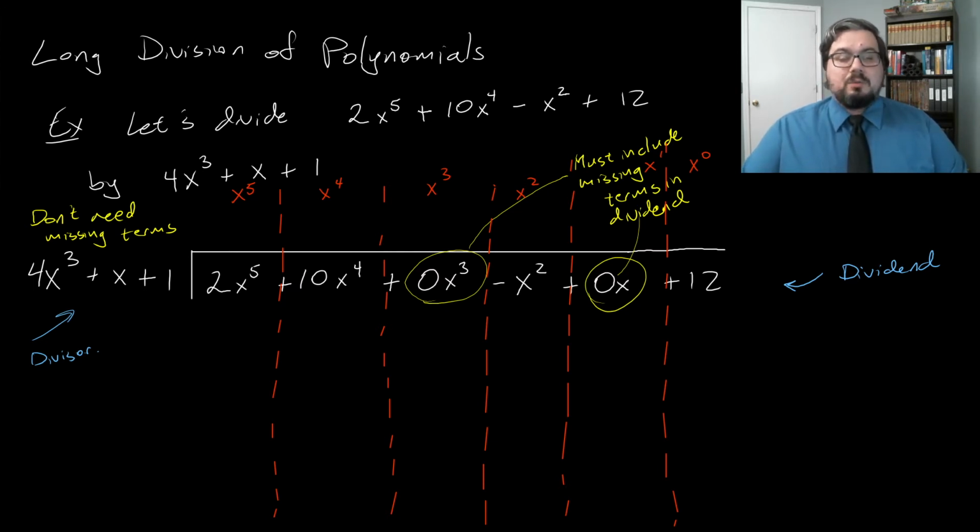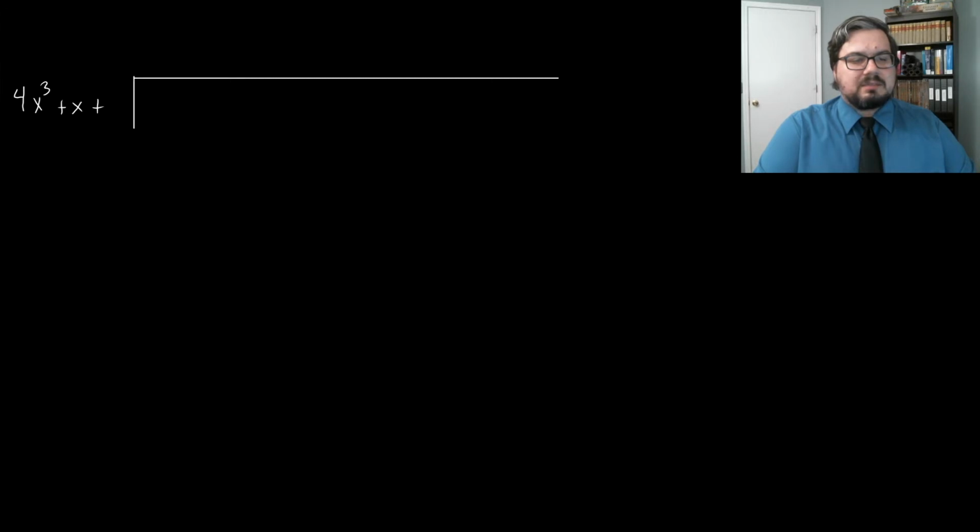All right, so we've got all this. It's a little cluttered though, so I'm going to go ahead and get ourselves a clean paper or clean slide. I'll write this out again, but without all of the notation so that we can see how the algorithm actually flows. All right, so we have our divisor 4x cubed plus x plus 1.